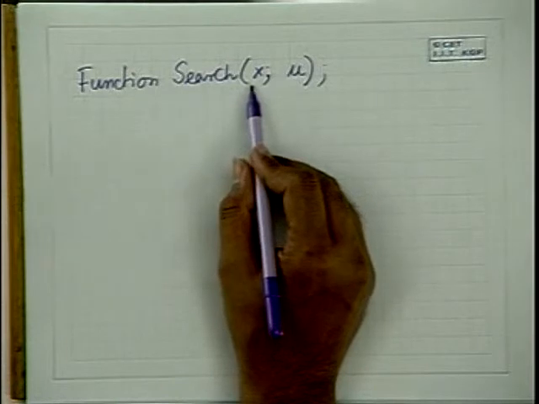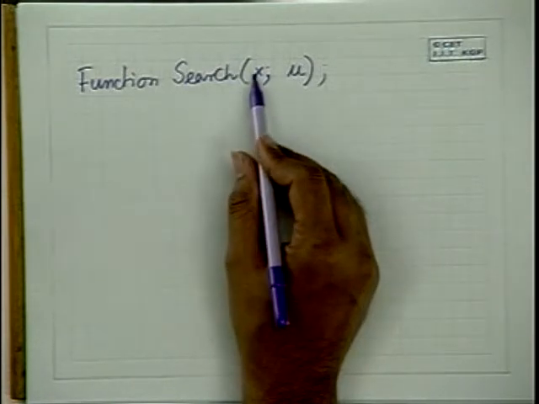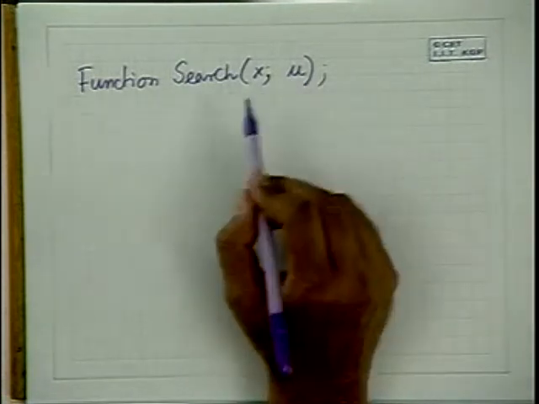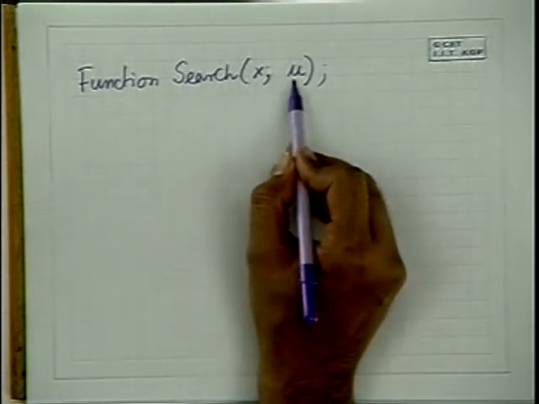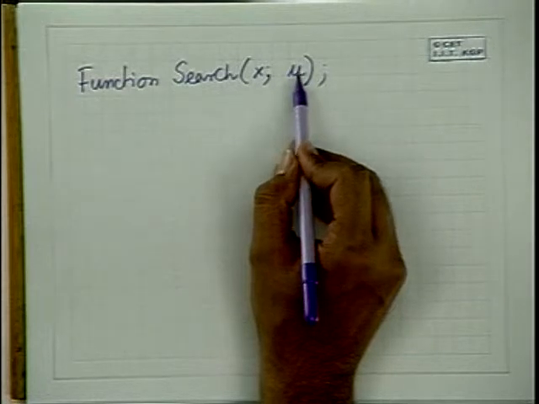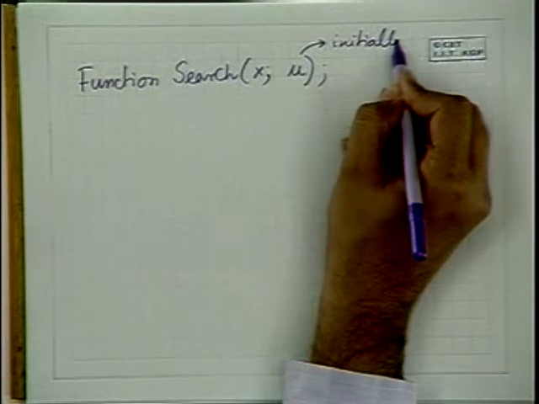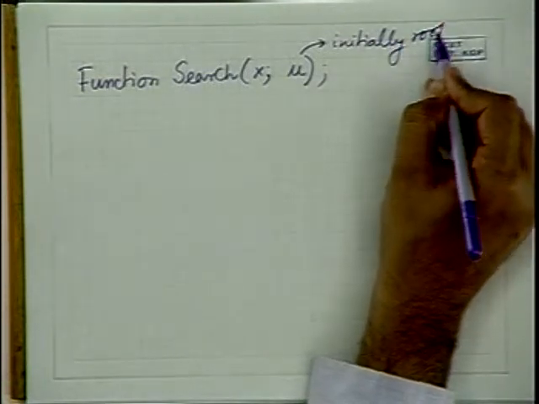I am going to search for the value x in the tree. Since this will be a recursive call, I have to supply a pointer to a node. Initially this will be the root.